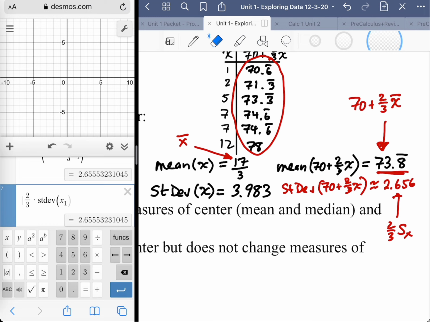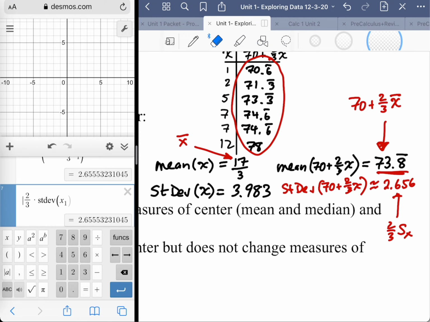You'll learn about all these different transformations in geometry, like dilations, reflections, rotations, translations, and all that. A linear equation is a dilation followed by a translation. The dilation is the slope. The translation is the y-intercept.